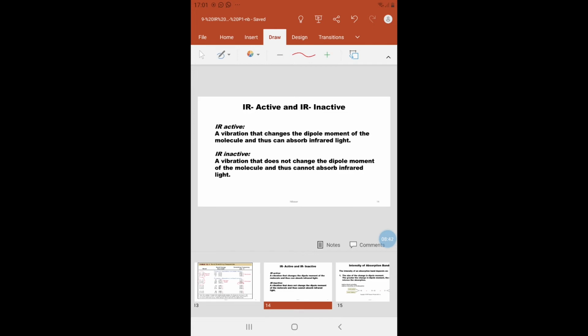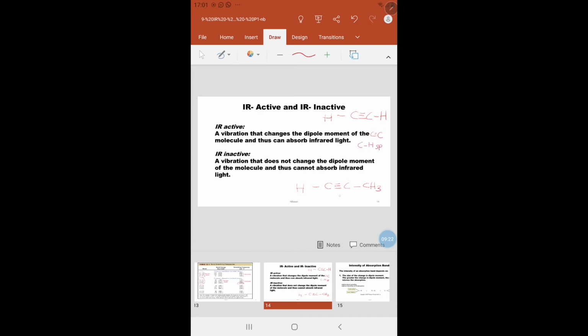So what does this mean? Let's say you have C triple bond C connected to H on both sides, and you have another molecule with C triple bond C, one side connected to CH3, the other connected to H. First, when you look at the molecule, you need to list all the bonds present. In the first case, you see C triple bond C and the CH sp.